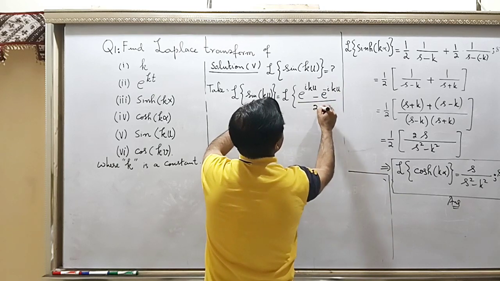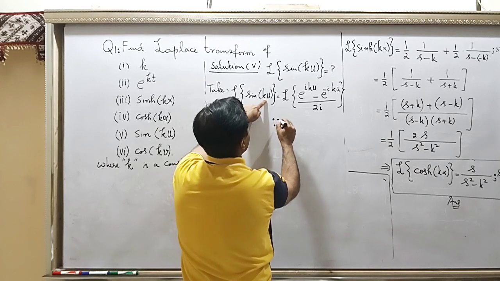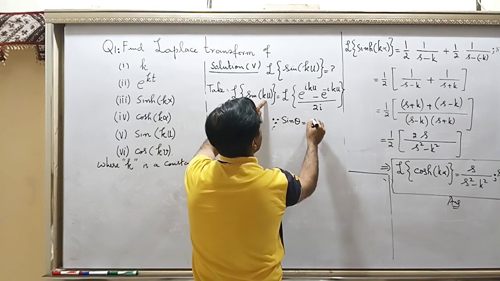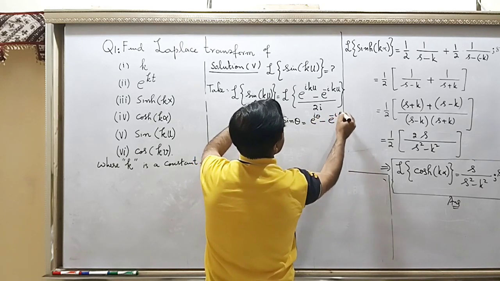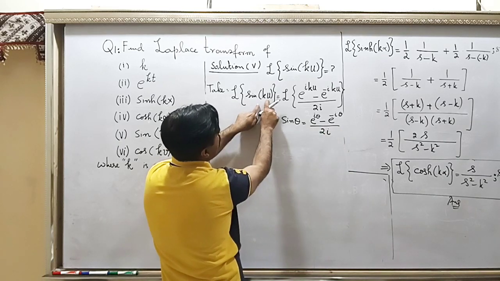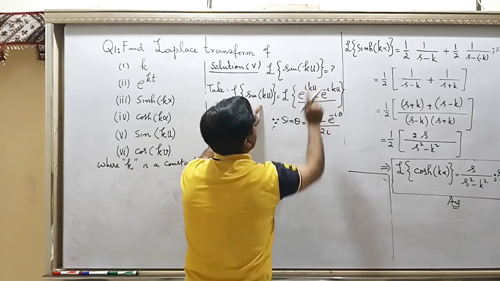Let me mention the result also, because sine theta is equal to e to the power I theta minus e to the power minus I theta over 2I, and in place of this theta you have Ku.